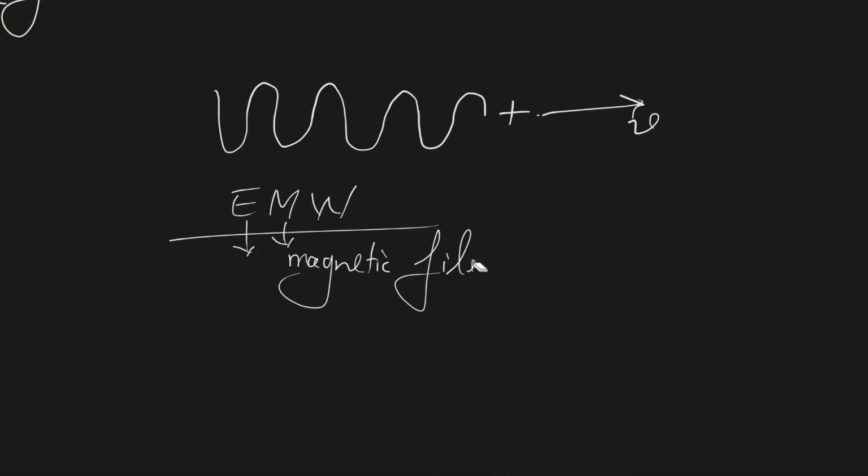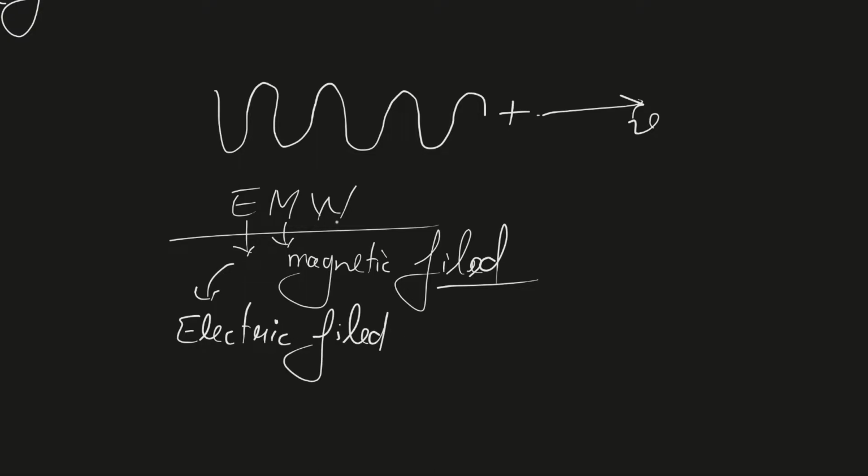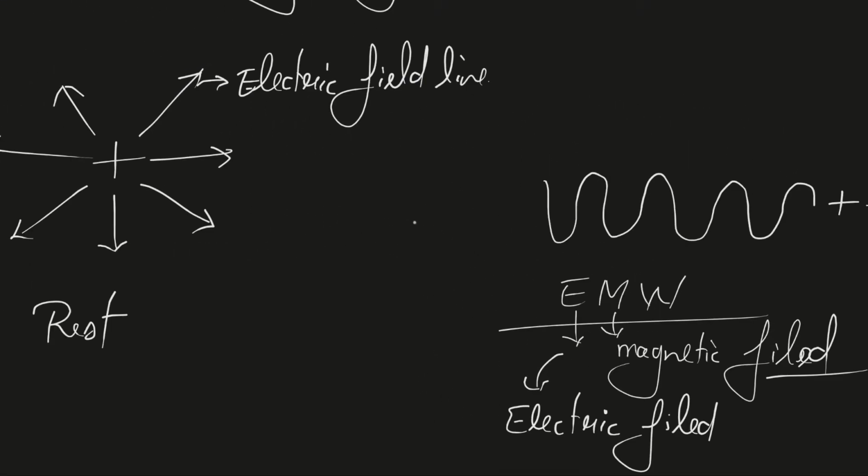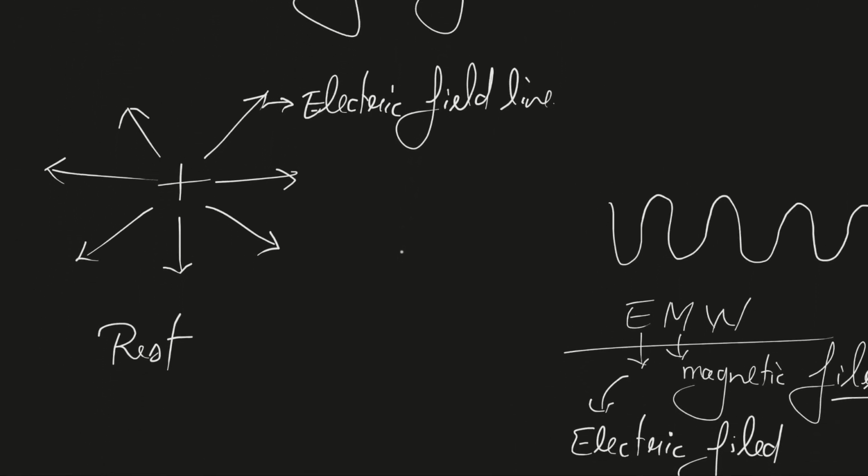We are going to discuss this in more detail in the electromagnetic chapter. This is the electric field, and this is the magnetic field. They are perpendicular to each other, and both are also perpendicular to the direction of wave propagation.